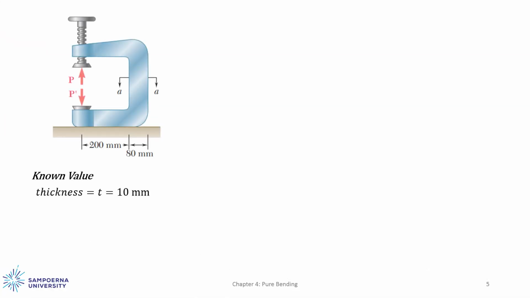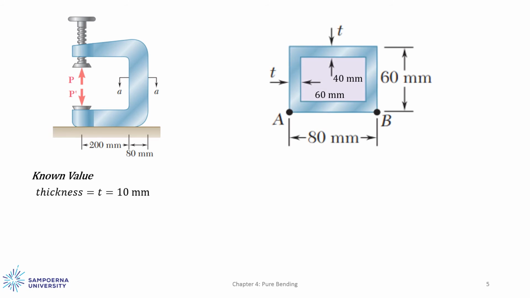Next, we will calculate the cross-section area of the beam. Remember that the cross-section area is seen when we cut the beam and view it from above. Then we can see this shape. This is the area that we need to calculate. We are given that the shape of the cross-section is a hollow rectangular beam with a thickness of 10 millimeter.